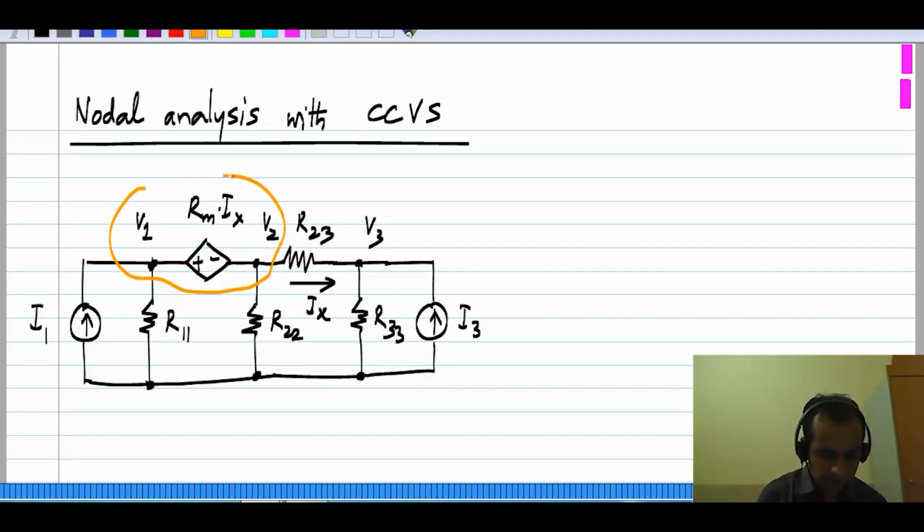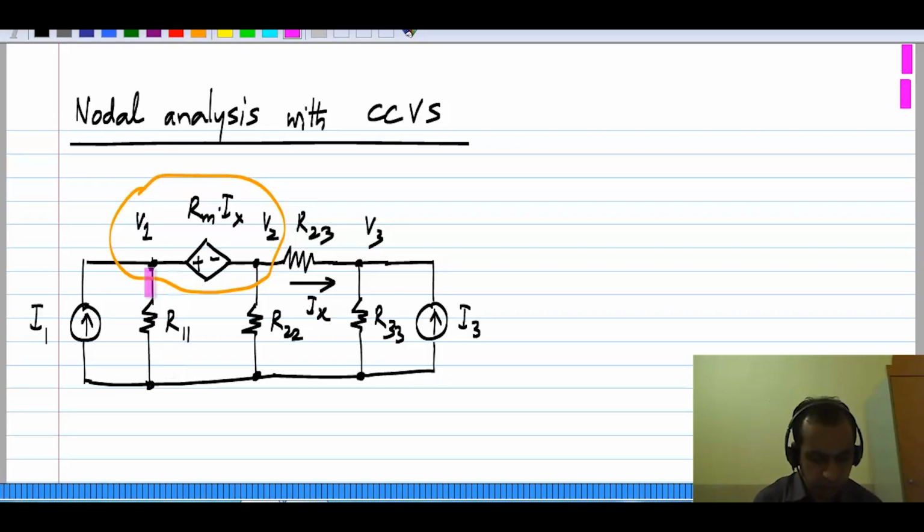So as usual, when we form a supernode, we write down the Kirchhoff's current law for the entire supernode. As you know, any completely closed surface, whether it contains one node or many nodes, will have the algebraic sum of all the currents flowing out of it equal to 0.